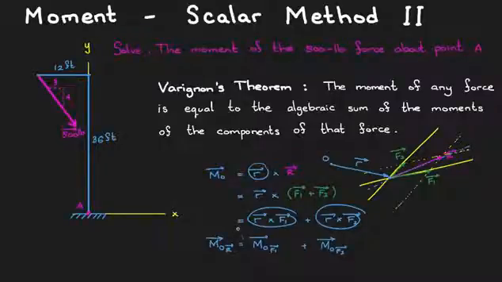Why don't we apply this theorem to our problem? We have a 500-pound force. We are trying to find the moment of this force about point A, the measure of the tendency to rotate of this force about point A. Why don't we get rid of everything? But before we do that, let's find the component of 500 along the x-axis and along the y-axis.